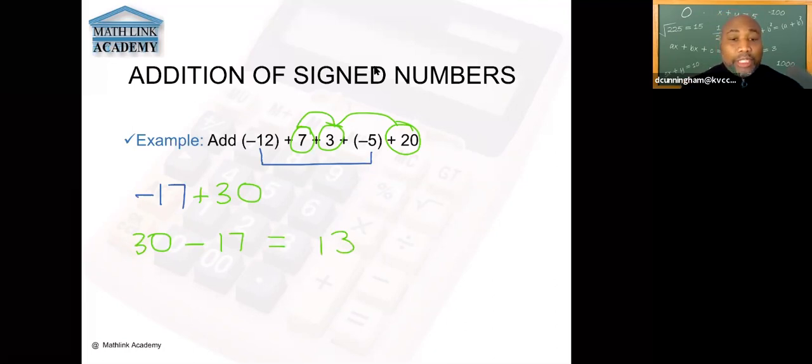Now our 13, will it be a positive 13 or will it be a negative? What do you think? Since 30 is the bigger one, it's positive, and it's bigger than 17 overall, our final answer would be positive 13.